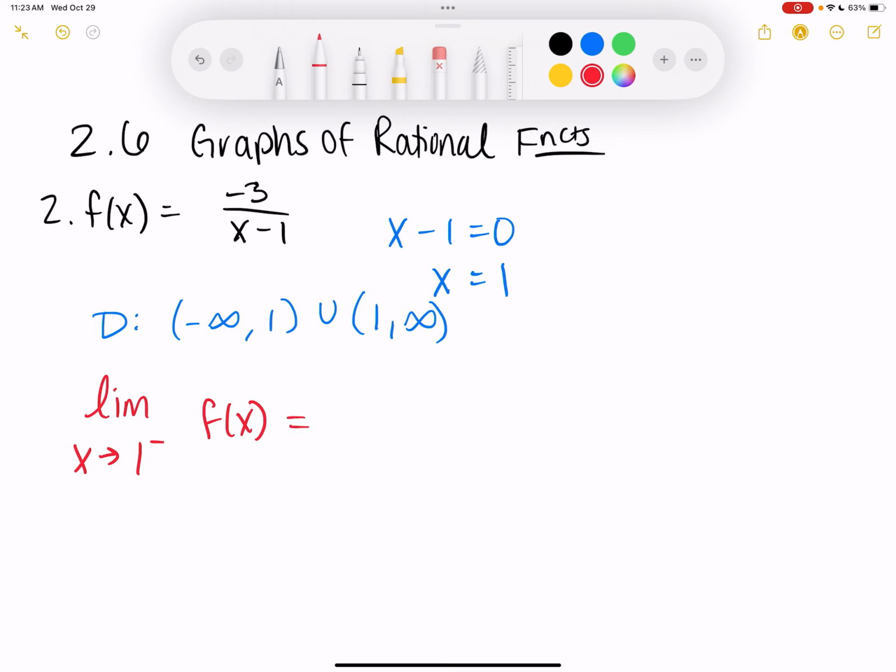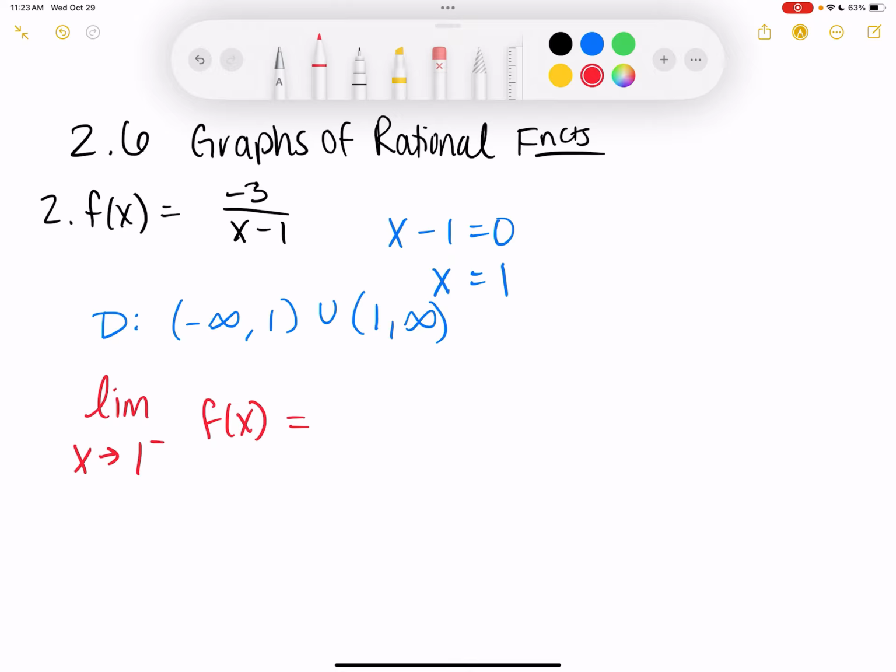All right, take out your calculators and plug in for x, plug in 0.99999. Oh, you're graphing that? No. Just plug in the number. Negative 3 over 0.99999 minus 1. I think 1.11111.